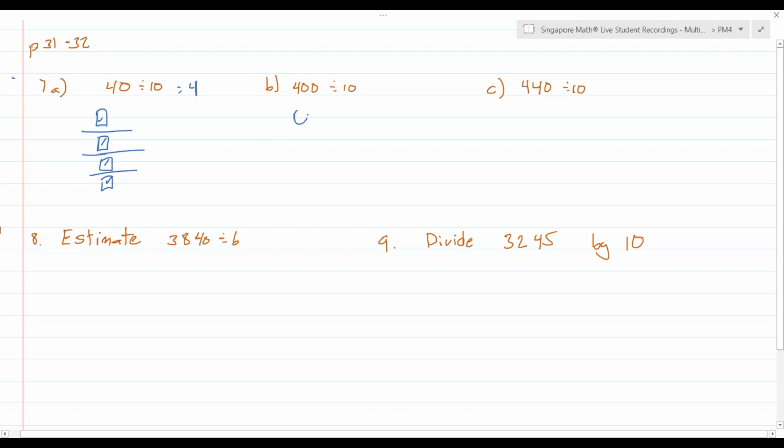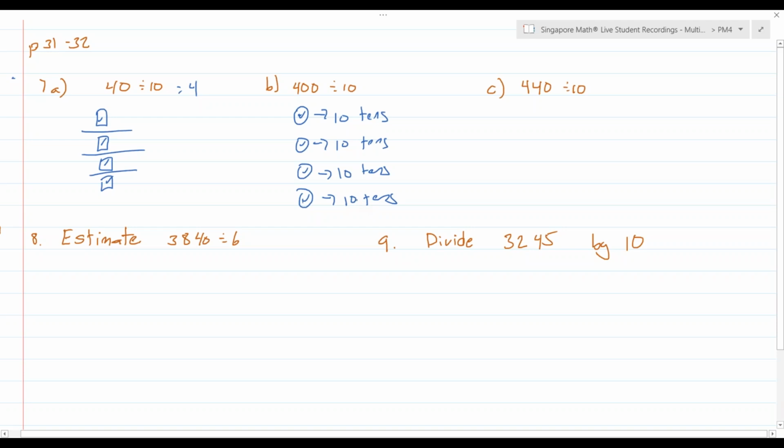What about 400? If you've been doing Singapore Math Live for a while, you remember that I represent tens by a square with a check mark, hundreds by a circle with a check mark. And remember, each of these hundreds is 10 tens. So there's 10 tens, there's 10 more tens, here's 10 tens, and this is 10 tens.